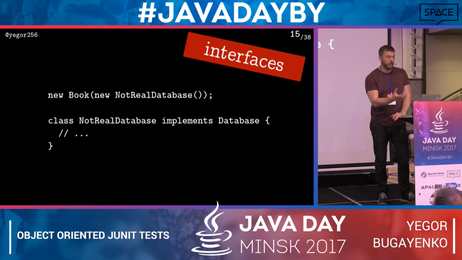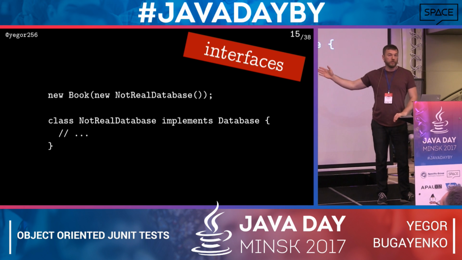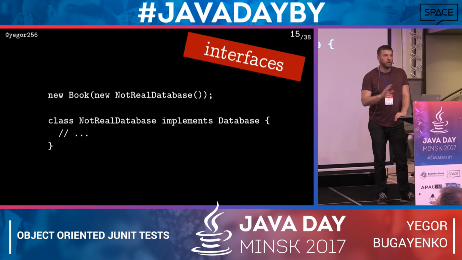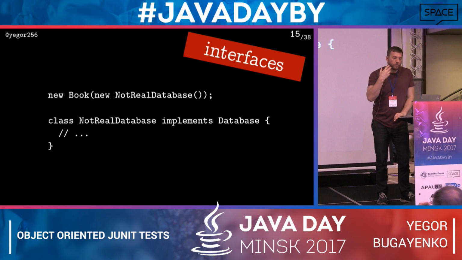And if this not real database cannot say it implements database, then it's going to be a problem for mocking and for everything. If you are expecting the database to be a class, not an interface, it's not really good. It's better to make database an interface, not a class.